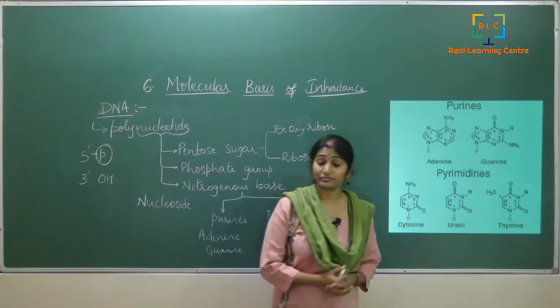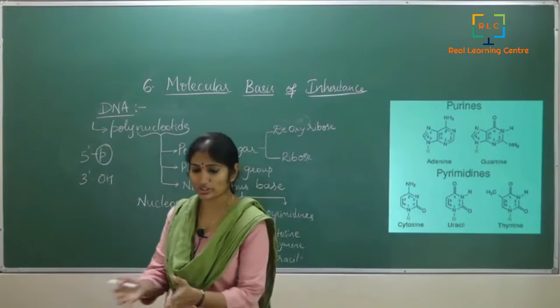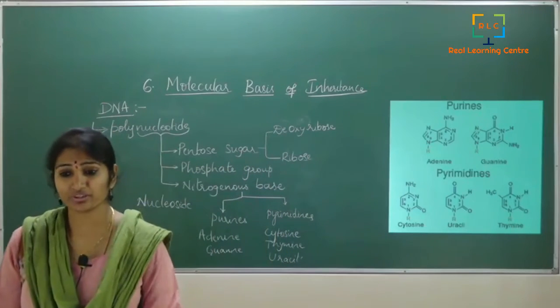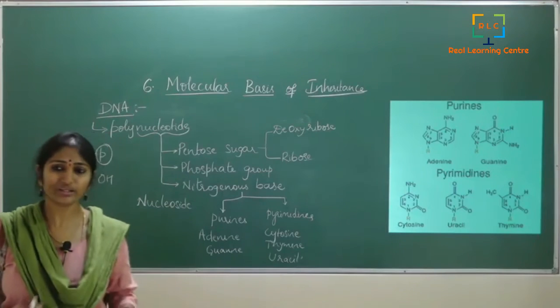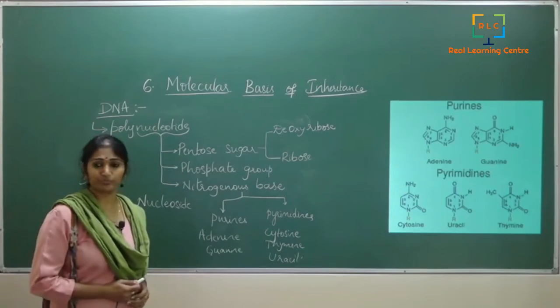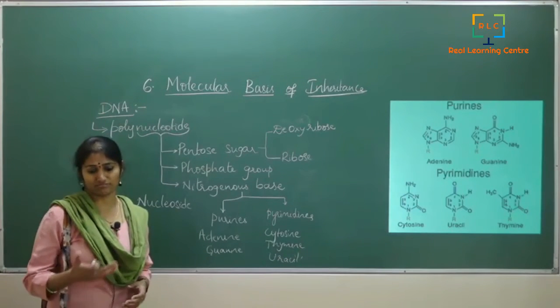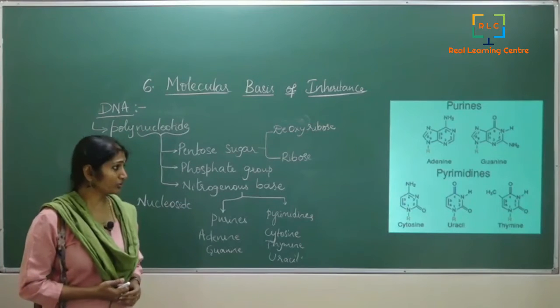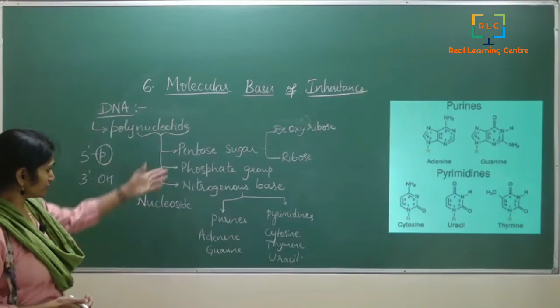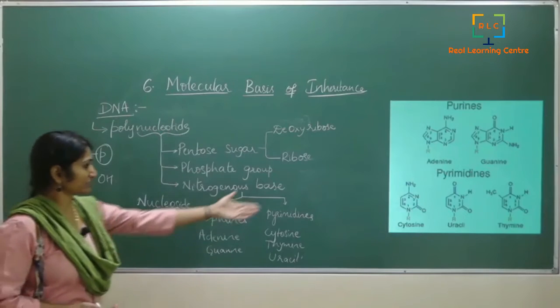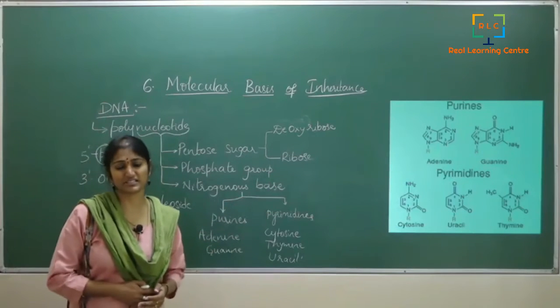Okay, in fact, just to tell you about evolution here, we earlier had questions saying why can't RNA be our genetic substance, because you see the structures, both are polynucleotides, right, and almost the same components other than thymine and uracil, that everything is the same.